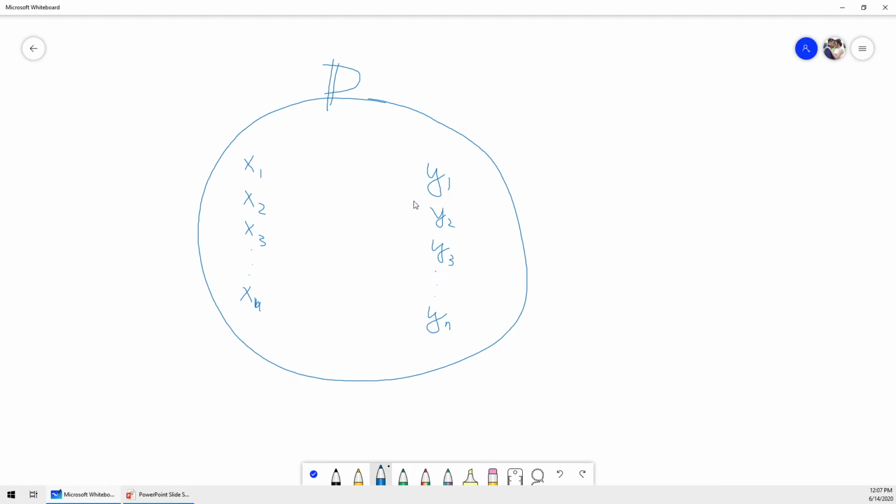So the probabilistic model states that there is a probability distribution that gives us the probability of getting a particular input X paired with a particular output Y. As an example, it gives us the probability of getting, let's say, X sub 1 paired with Y sub 1.